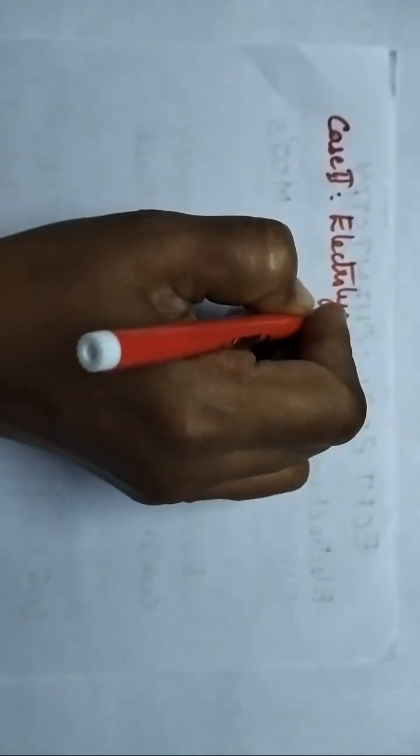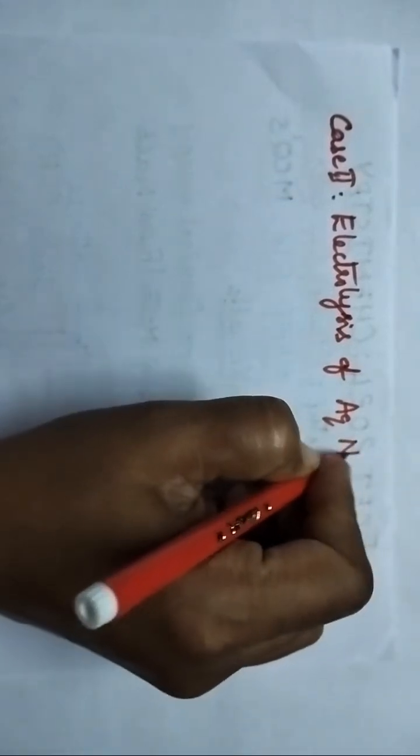Okay, next, in the second case, let us see what happens whenever an aqueous solution of an electrolyte is electrolyzed. Coming to case 2, here we will discuss the electrolysis of aqueous NaCl solution.